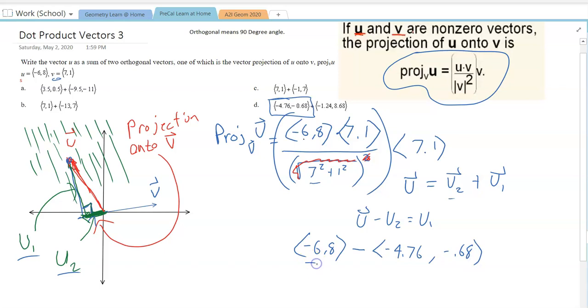So negative 6 minus negative 4 gives me a negative 1.24. And then for the other part, 8 minus negative 0.68 should give me 8.68, because minus a negative is the same thing as plus a positive, so 8.68. So we know that u1 is going to equal that, and that is the other one that we get up there.